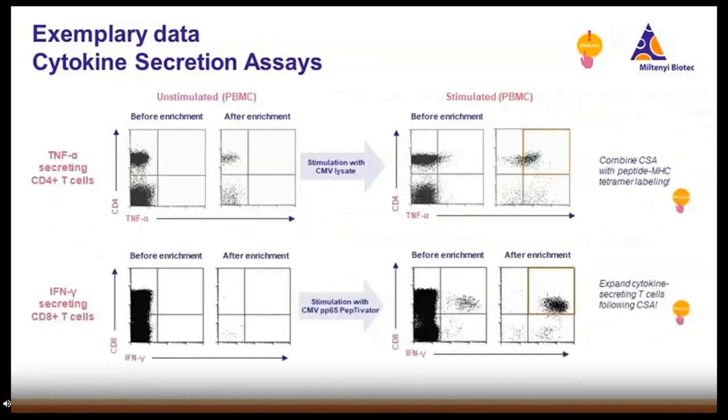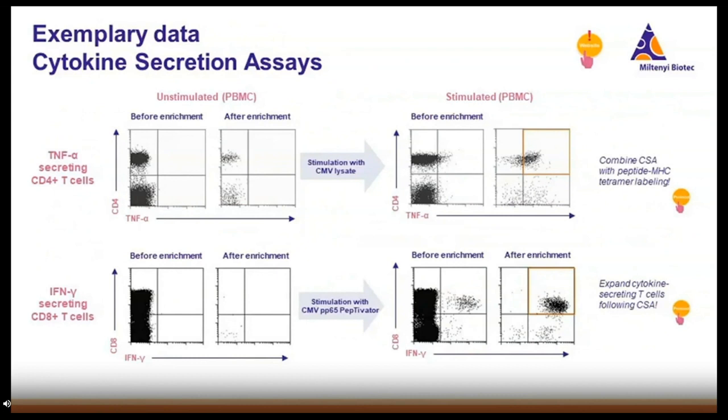So of course, we also generated some exemplary data with the CSA assays. And as you can see, they work very efficiently to enrich, in this case, viable virus-specific T cells based on cytokine secretion. Also here, we used PBMCs of a CMV positive donor and stimulated those PBMCs for 4 hours, either with CMV lysate or a CMV peptivator.